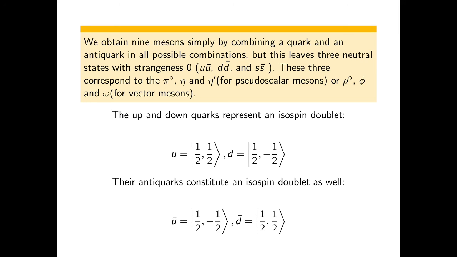We'll go more into that later, but for now, the up and down quarks represent an isospin doublet. An isospin doublet basically means that the two states that form it can be transformed into each other when the SU(2) group transforms. The antiquarks also constitute an isospin doublet. Next slide.